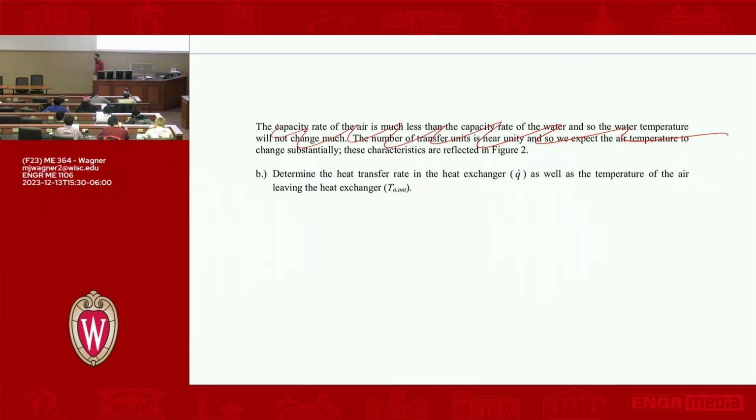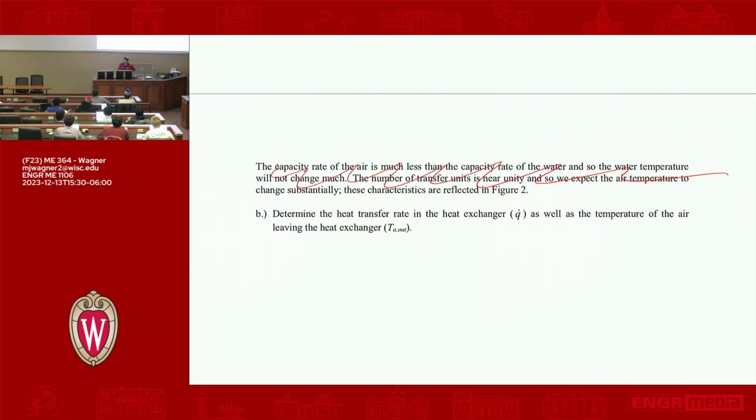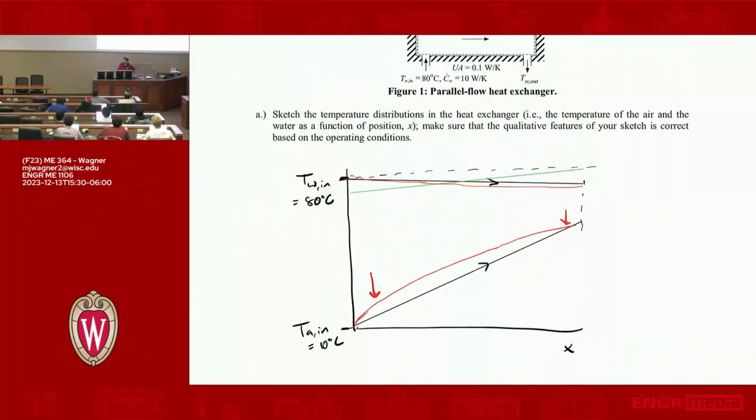Question: if we're asked to draw that on the exam, would points be awarded to straight lines? Yeah, that's a question. I was hoping nobody would ask that. The question was, if we drew straight lines, would you give full points? I would say probably yes. This case is a little bit egregious because it's really changing.